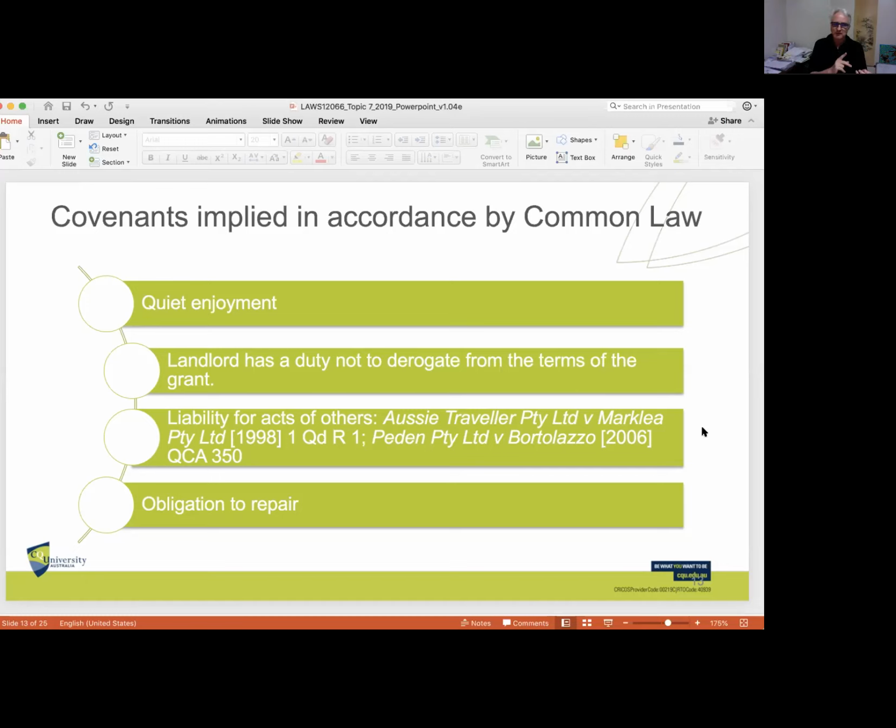As you see the different areas covered, you need to think about what the purpose of the lease is. The lease is being offered as a way of generating income for the landlord, even though we've said that rent is not a characteristic of a lease from a land law or property law perspective, but that's a practical rationale for why it's happening.